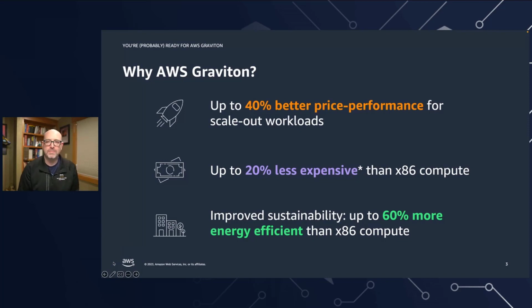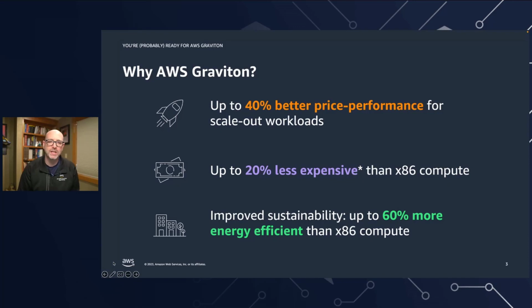And the other up to 20% price performance comes from the fact that with Graviton, each vCPU or virtualized CPU is actually a full CPU core with all of the power available in that core. Unlike x86, Graviton does not use hyperthreading. And so every core is a real core. And because of that, you're able to use EC2 instances much more efficiently and have them do much more work per instance than you could before.